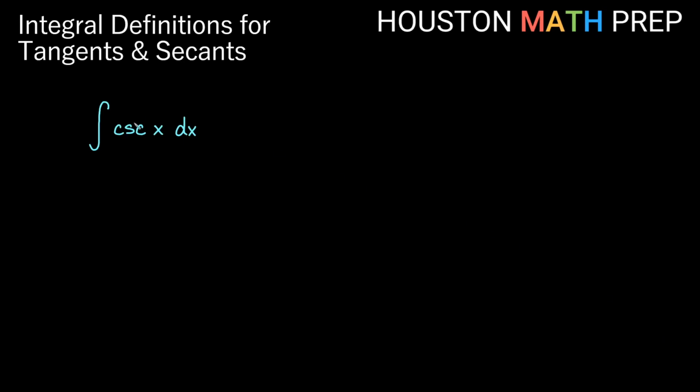You can do a similar thing with the integral of cosecant x. So if we think of this as cosecant of x over 1, and we then multiply by, if you took a guess after looking at the last one, you might be correct here, cosecant x plus cotangent x.